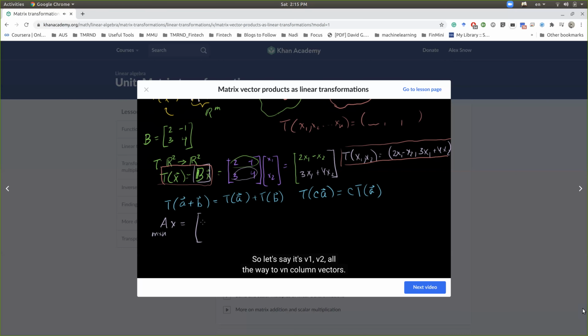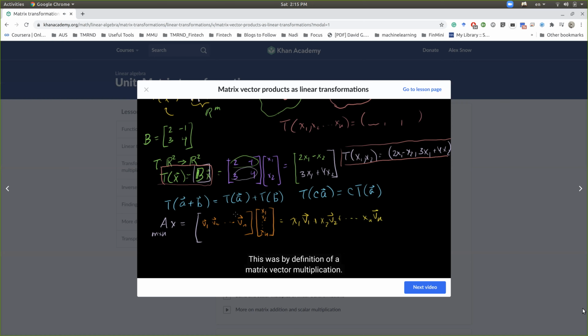Let's say it's v1, v2, all the way to vn column vectors, and each of these guys is going to have m components, times x1, x2, all the way down to xn. We've seen this multiple times before. This, by the definition of matrix vector multiplication, is equal to x1 times v1, this scalar times that vector, plus x2 times v2, all the way to plus xn times vn.